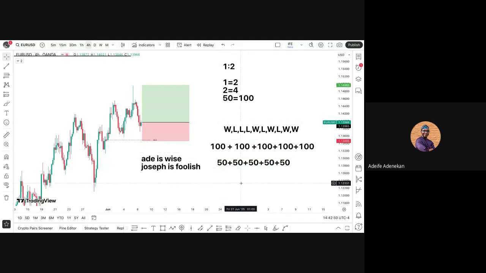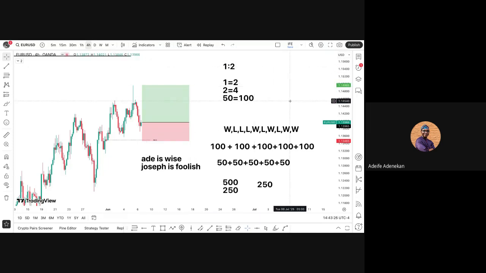Now for all your wins, you made $500, and for all your losses, you've lost $250. At the end of the month, you are left with $250. Are you profitable or are you not profitable? That's the logic.